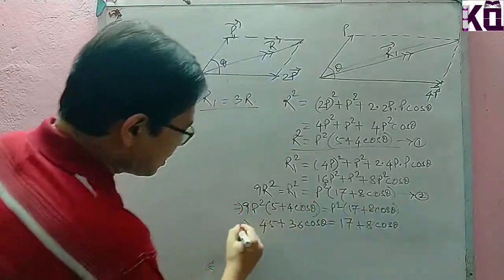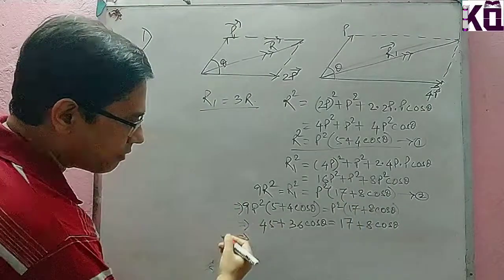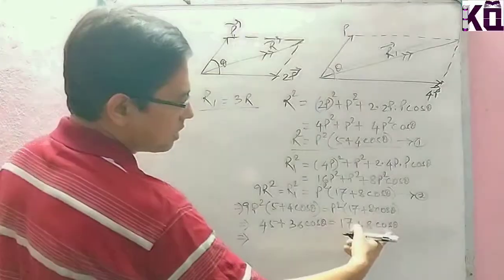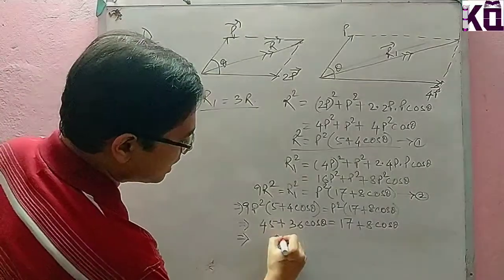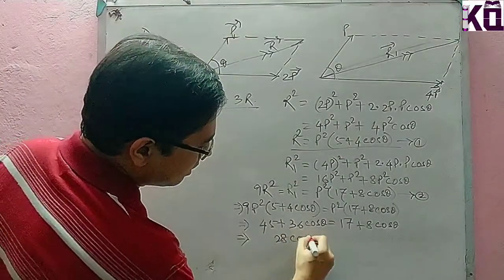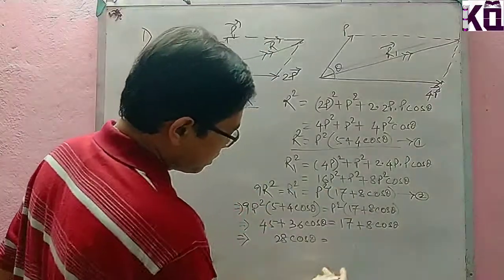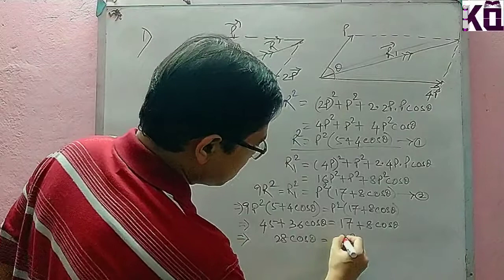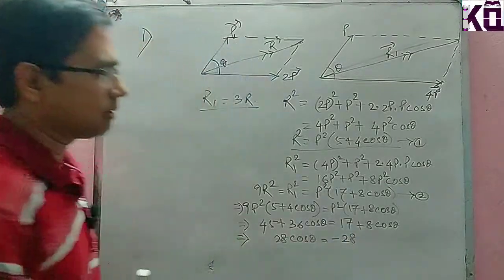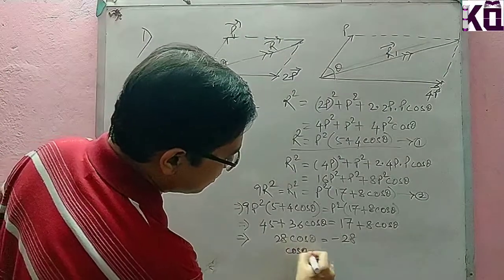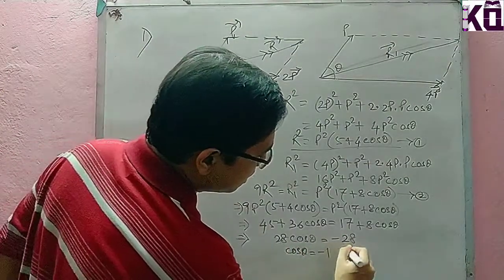If I take this 8 cos theta to the left hand side and 45 to the right hand side, what happens? 36 cos theta minus 8 cos theta becomes 28 cos theta, which should be equal to 17 minus 45. That becomes minus 28. So the value of cos theta now becomes minus 1.